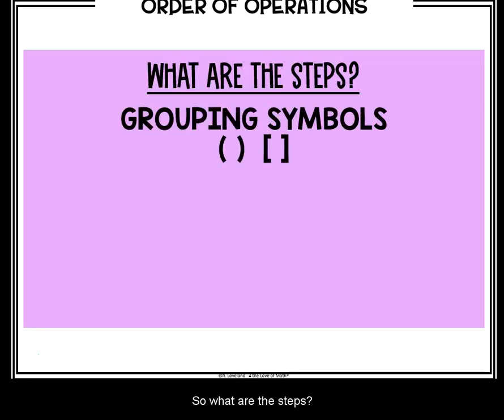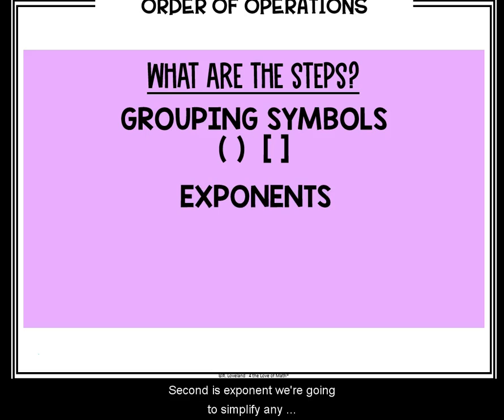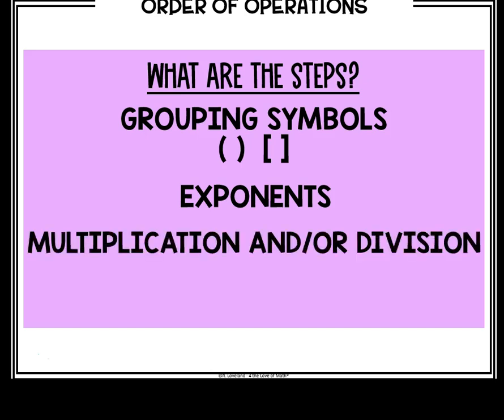So what are the steps? The first step is grouping symbols. Those could be parentheses, those could be brackets. Any type of grouping symbol we're going to solve first, or simplify first. Second is exponents. We're going to simplify any exponent terms that are in our expressions. Next, we have multiplication and or division.